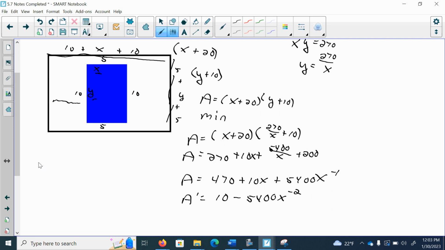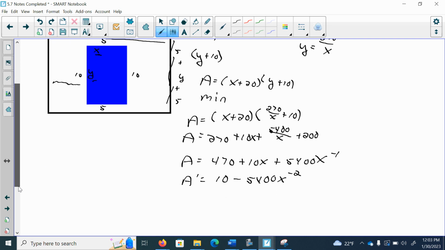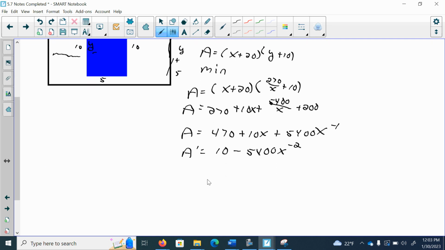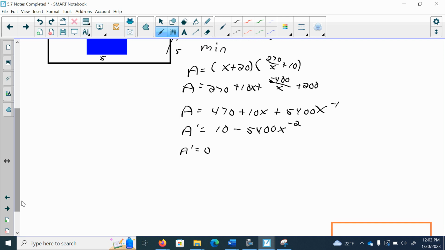So that's my derivative. So now I'm going to try and find my critical numbers. So I'm going to first set this derivative equal to 0. So when I set this derivative equal to 0, I'm going to have 0 is equal to 10 minus 5,400, and I'm going to write this over x squared.